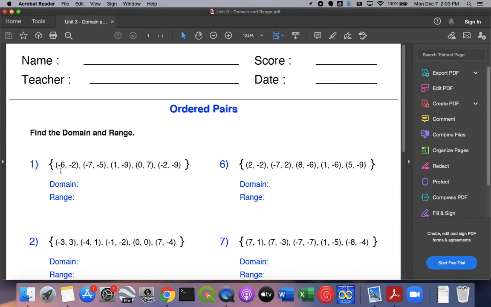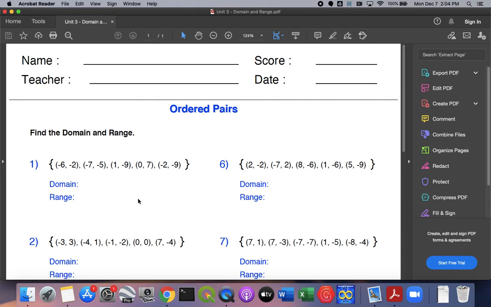So domain is just the x parts: -6, -7, 1, 0, and -2. And my range is the y parts: -2, -5, -9, 7, -9. That's literally all that we're doing. Domain, just put down the x parts of each point. Range, just put down the y parts of each point. Okay? Not a big deal, right?